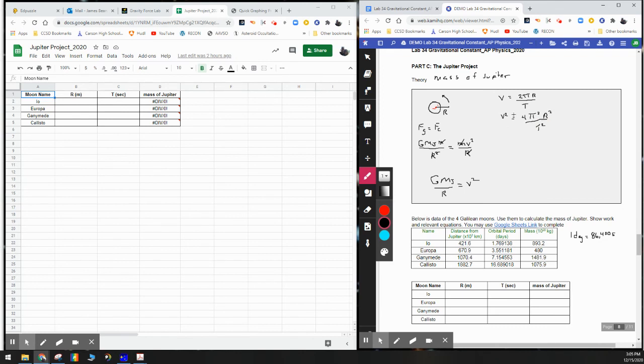Substituting this in, we get big G times the mass of Jupiter divided by R equals 4 pi squared R squared over T squared.